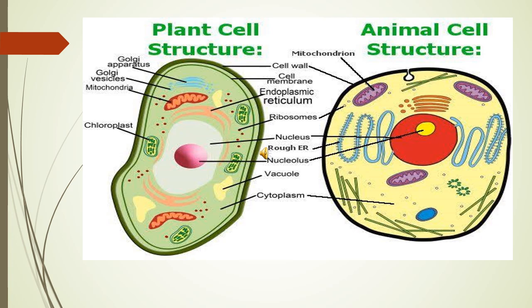Plants have chlorophyll, so they have the capability to prepare their own food and are known as autotrophs. Photosynthesis happens in the plant cell. So that is autotrophs. Animals are heterotrophs as they depend on plants for their food, either directly or indirectly.